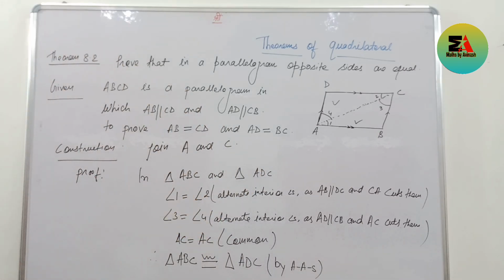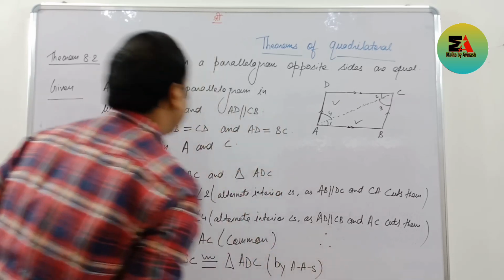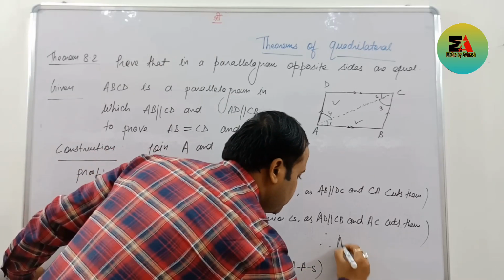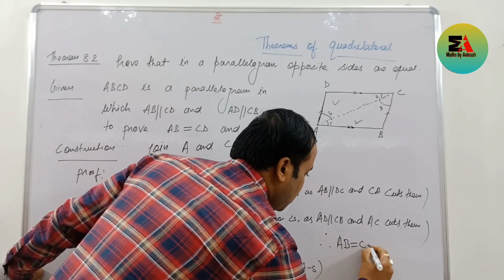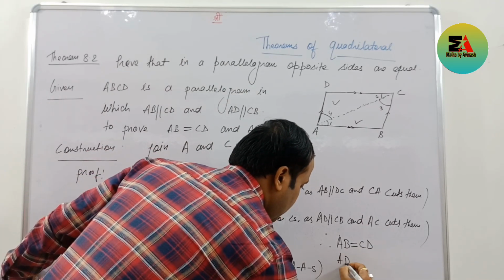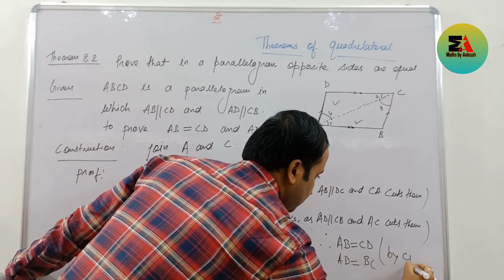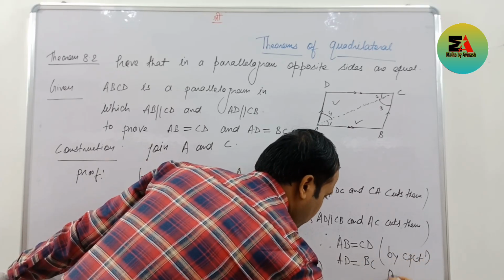When triangles are congruent, therefore what we said? Therefore AB equals CD and AD equals BC by CPCT. Proved.